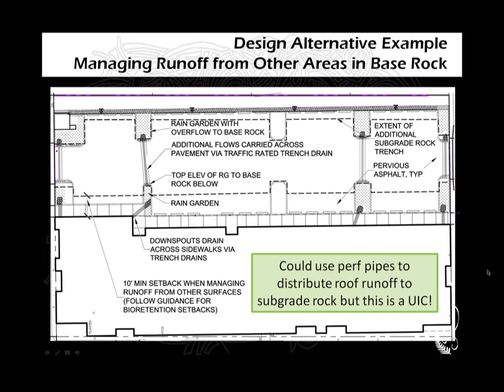And I know that the people at the UIC department appreciate it when designers try to avoid UICs, because they're trying to protect groundwater quality, and they want to see water coming off of a roof or any other impervious surface and going into bioretention first before it goes into the ground. They want to see it passing through 18 inches minimum of healthy soil.